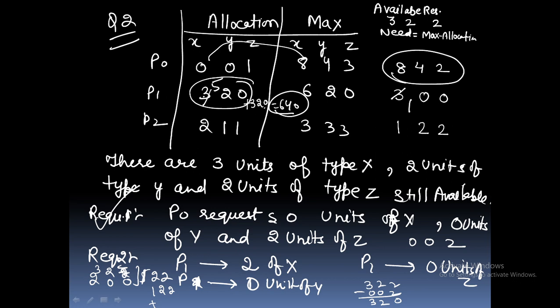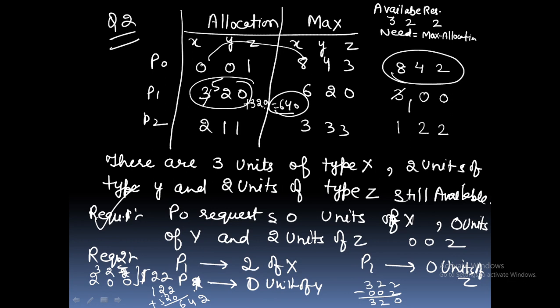Now you can see 122 plus 520, that is 642.